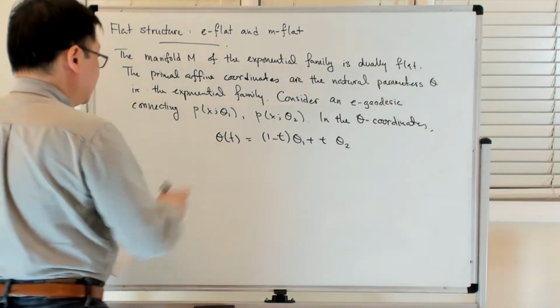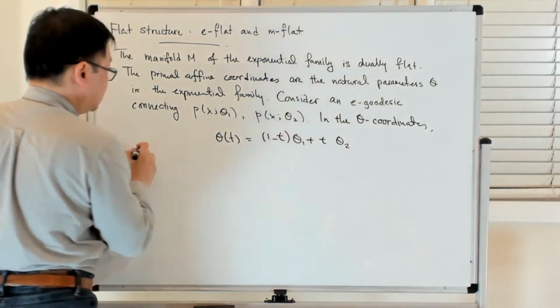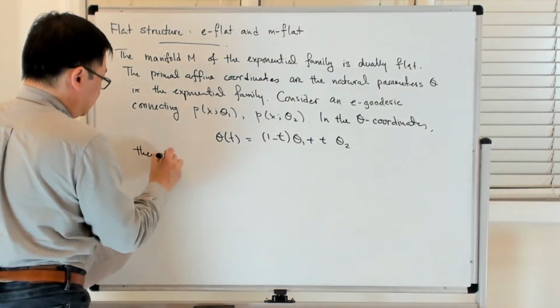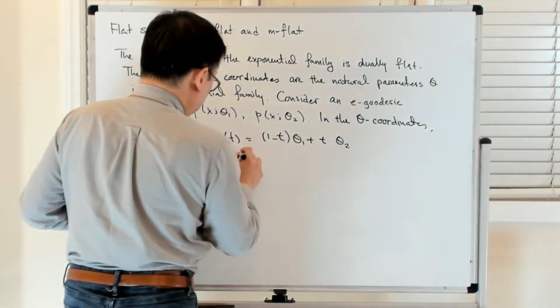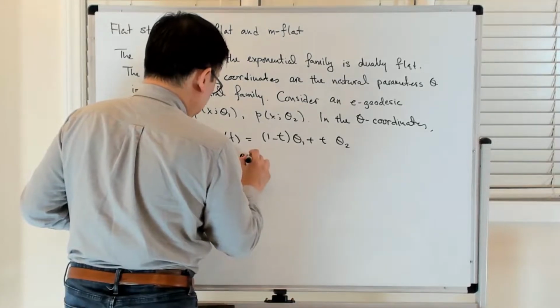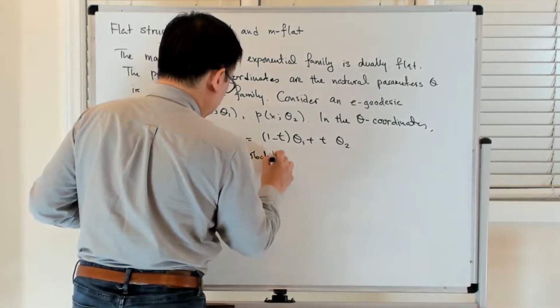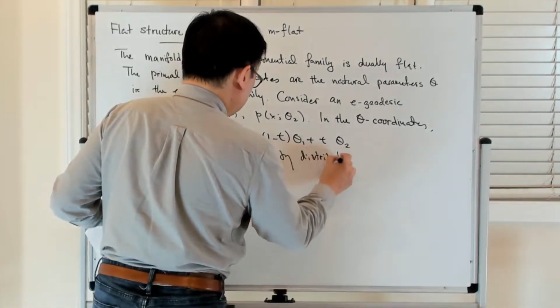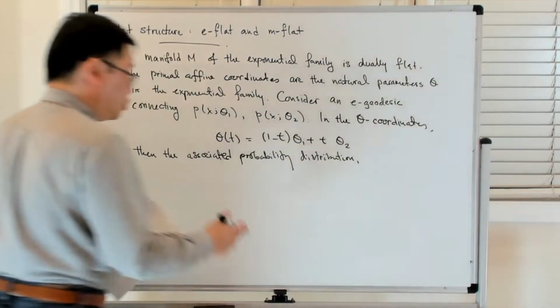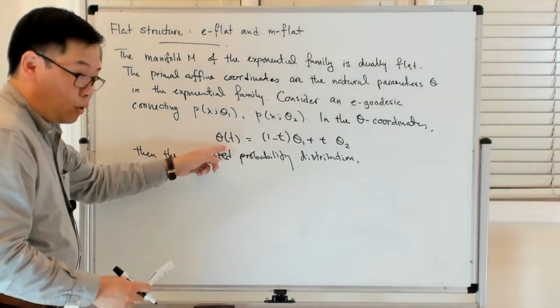Then the associated probability distribution is just the probability distribution associated with that coordinate.